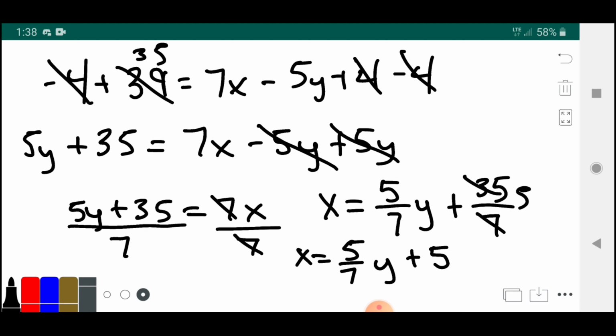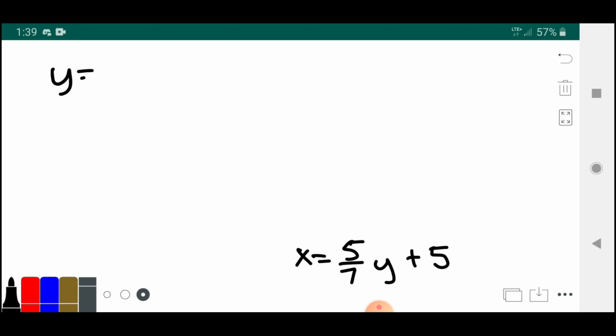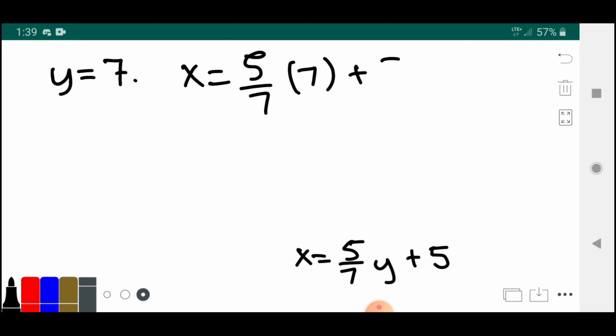Now with the equation in terms of x, we'll evaluate the equation at y equals 7. Substituting in y equals 7, we get x equals 5 divided by 7 times 7 plus 5.